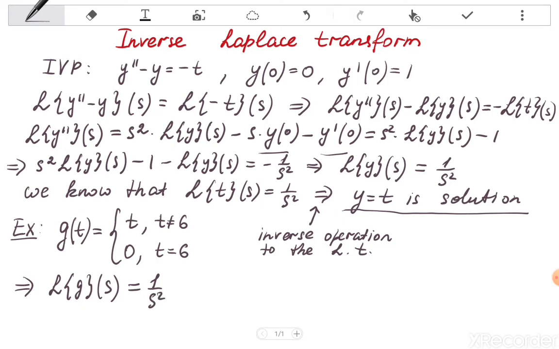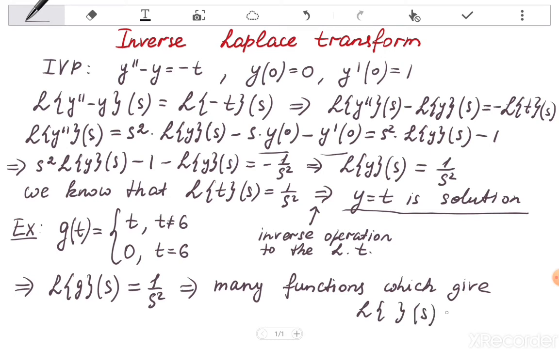And there are plenty of such functions. Any function which differs from the function t in just a finite number of points will give Laplace transform 1 over s squared. So there are many such functions which give a Laplace transform at the point s of 1 over s squared.